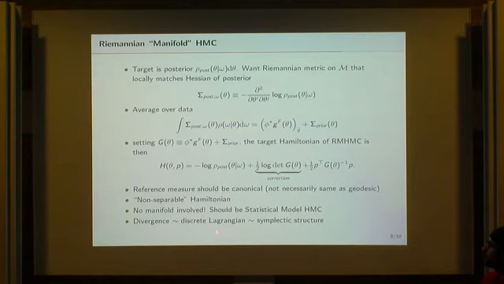So originally, Girolami did that with the generalized leapfrog integrator, which is just an integrator that is applicable to any Hamiltonian, separable or not. What's it called? Generalized leapfrog integrator. From the perspective of discrete Lagrangian, it's just leapfrog constrained to some manifold.